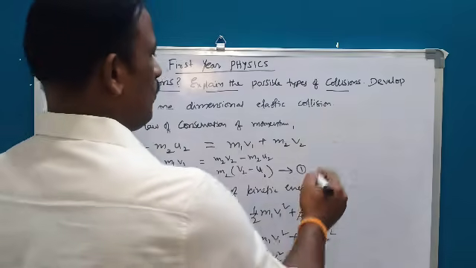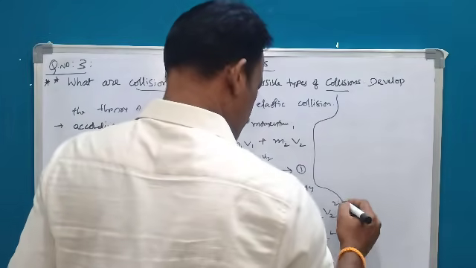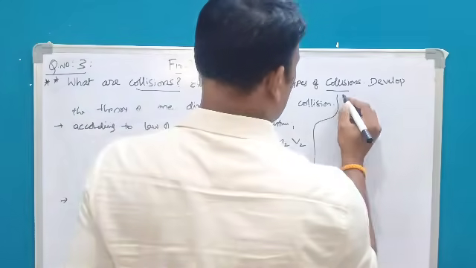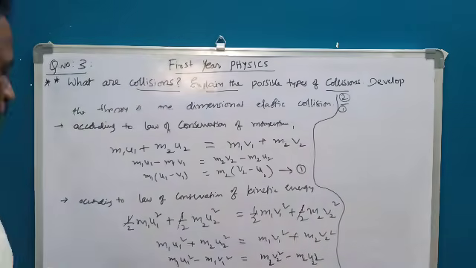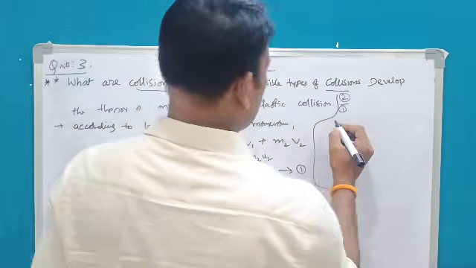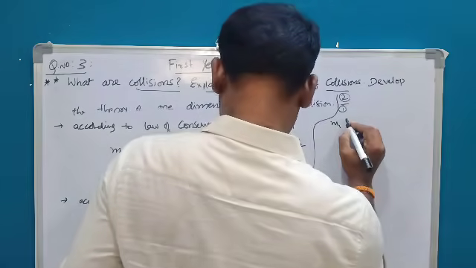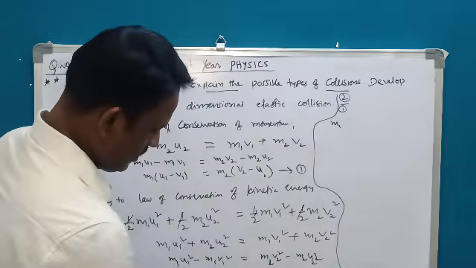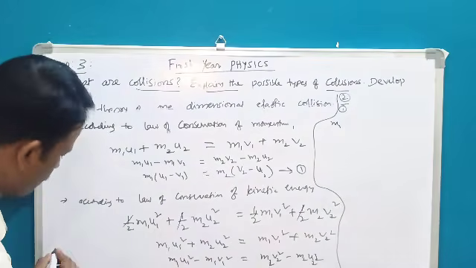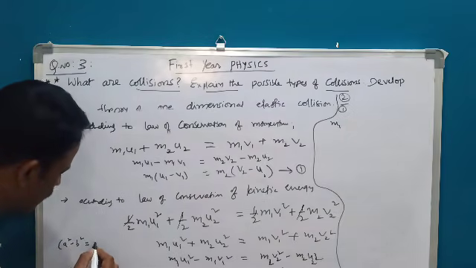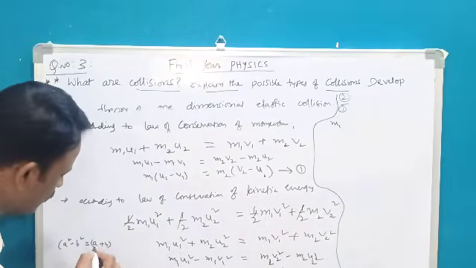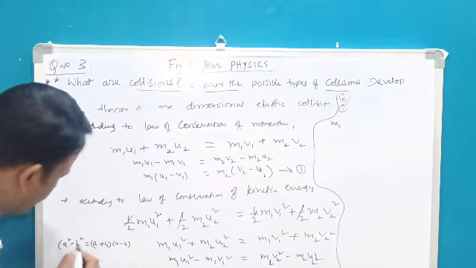Now you have to divide equation 2 by equation 1. In mathematics we have one formula, a square minus b square is equal to (a plus b) into (a minus b).